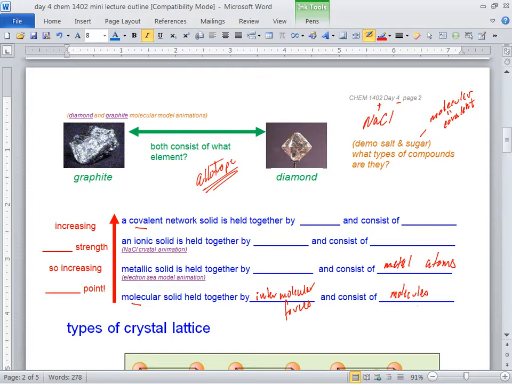Metallic solids are held together by... you have iron, right? Composed of iron atoms. What holds the darn thing together? You may have heard of this, but let's talk about silver, because I know that silver forms Ag+.